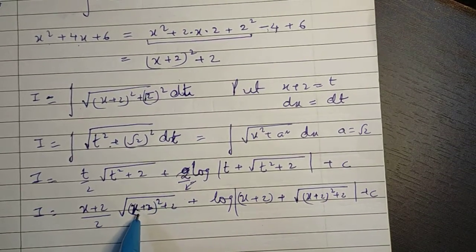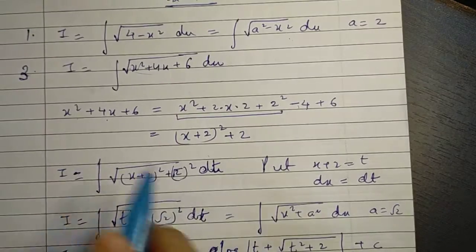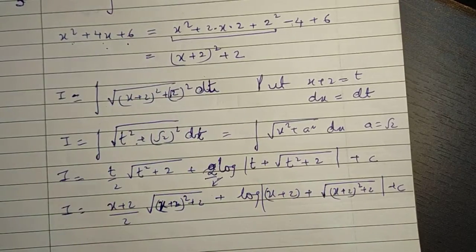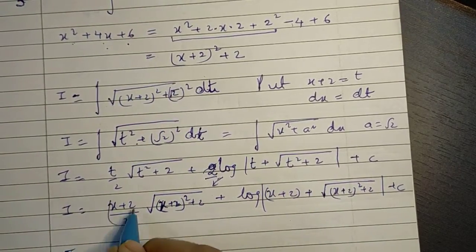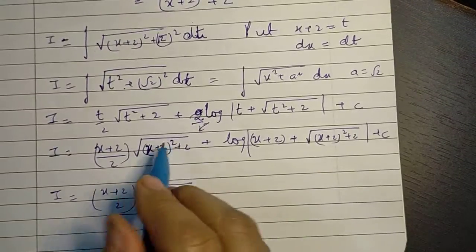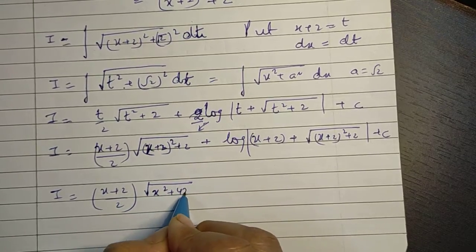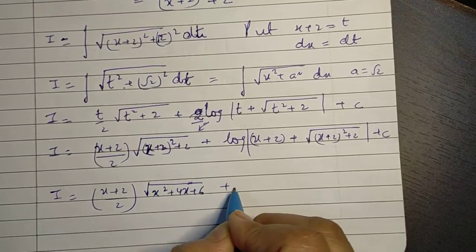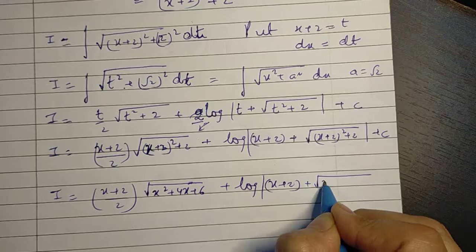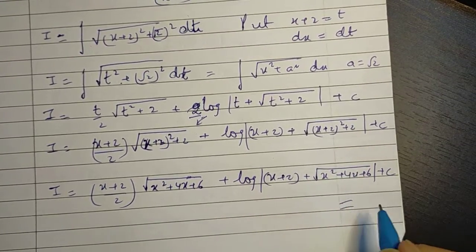But we know that x plus 2 whole squared plus 2 is nothing but the given quadratic, which is x squared plus 4x plus 6, and so we can write this as x plus 2 over 2 square root of, directly instead of writing in this form we write it again in terms of the quadratic, and we get log of x plus 2 plus square root of x squared plus 4x plus 6 plus a constant.